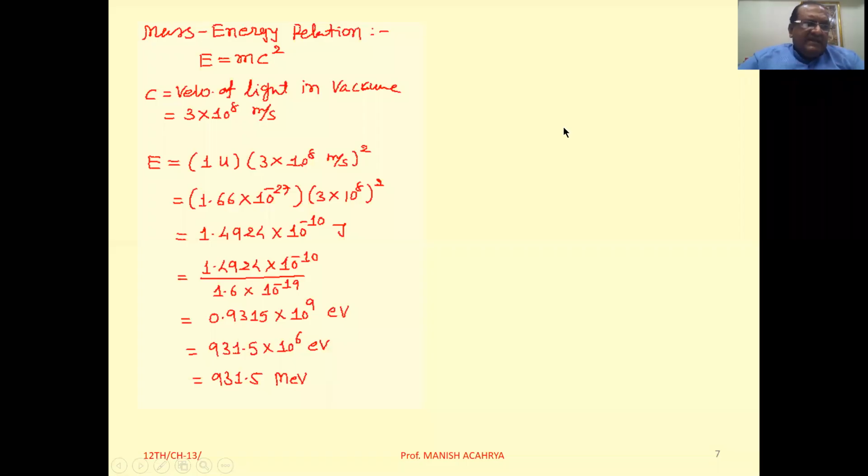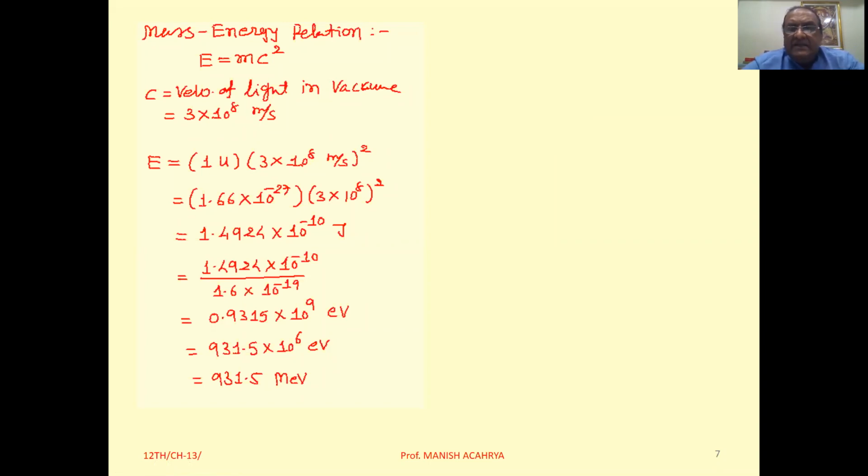Then mass energy and nuclear binding energy, that is the topic. In that, first we have to discuss the mass energy relation. See, initially it was believed that in any type of reaction, energy is conserved as well as mass is also conserved, but this conservation of energy and conservation of mass takes place independently.